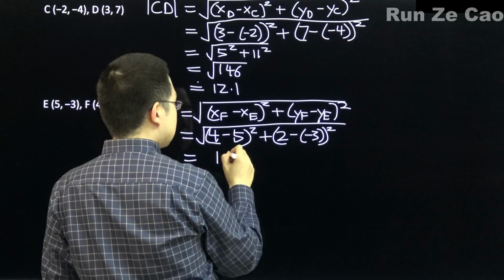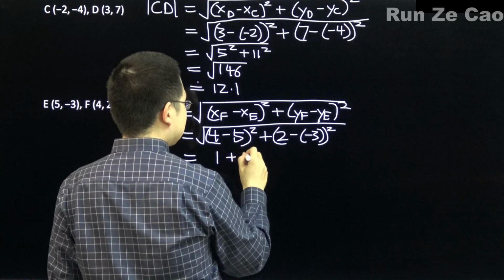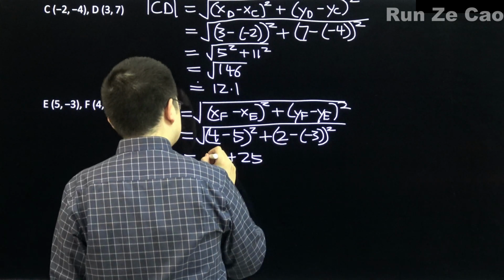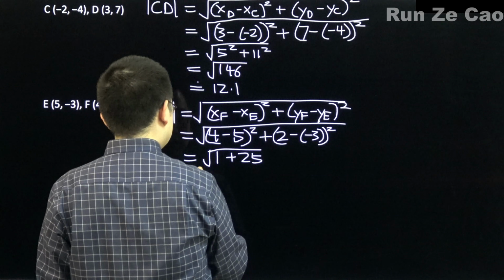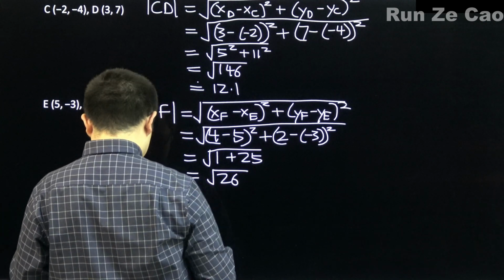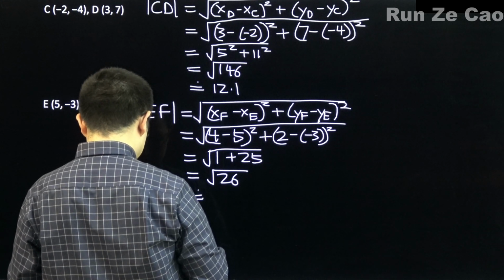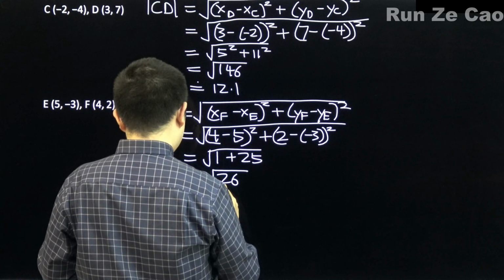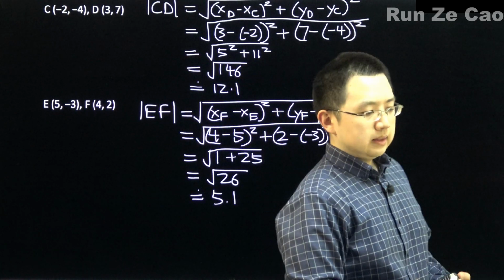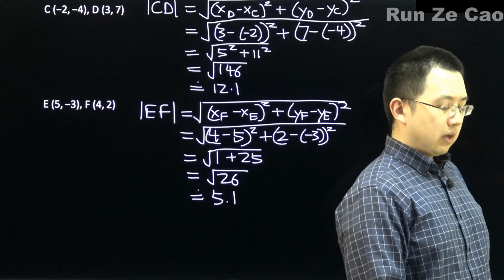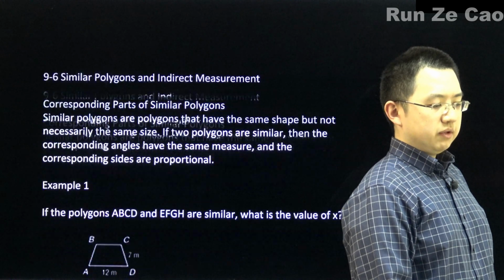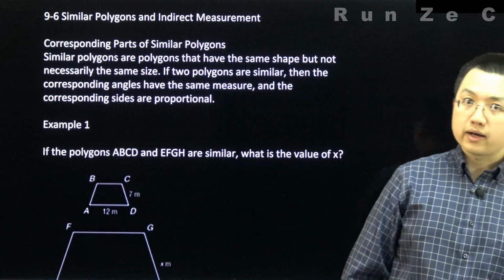So that's going to be 1 plus 25, because this is 2 plus 3 equals 5. Square root of this, so square root of 26. And that leaves us with approximately 5.1. Okay, well, we have learned how to find the distance between 2 points on a Cartesian grid.